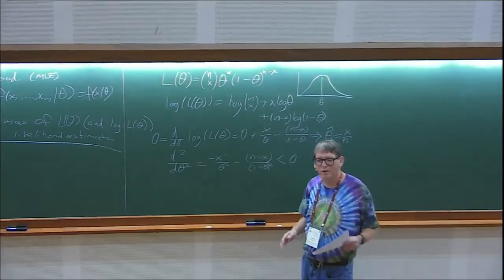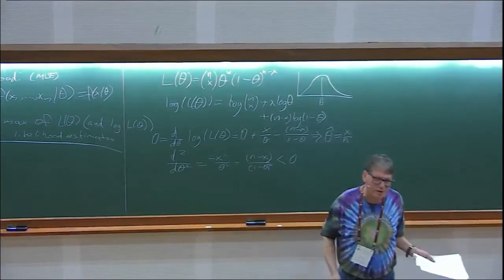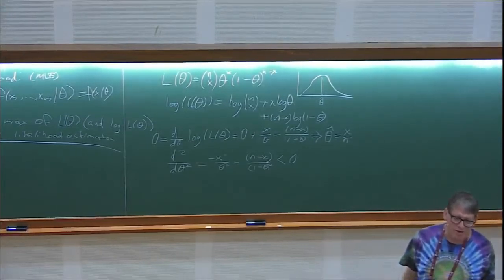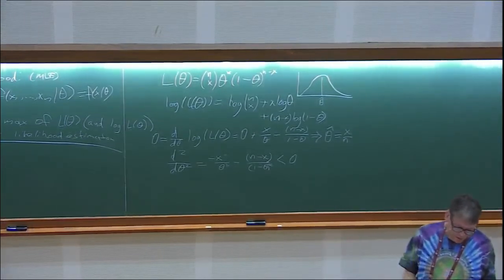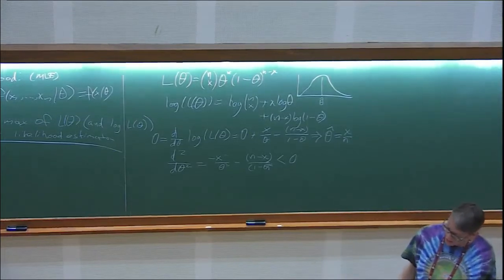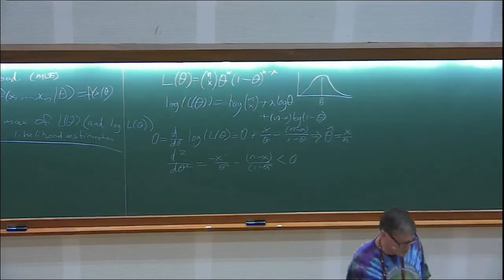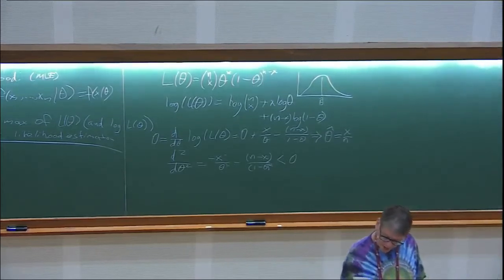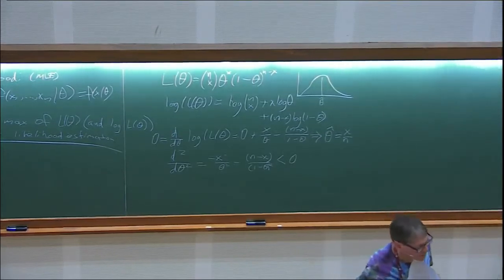There's a lot of theory connected to this that I won't get into. Essentially, if you have large enough samples, in a lot of useful senses the MLE is frequently the best estimator, and that's why it's the one that gets taught.